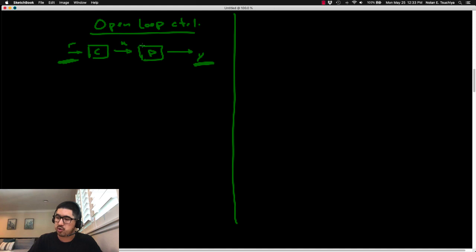Now there are situations where open loop control works, and it's actually a great scenario because it's very simple to use. The only thing, there are a couple of caveats here. Open loop control simply can't stabilize unstable systems.